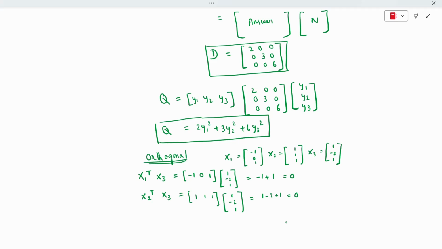So to check for orthogonality, this is the way: x1 transpose into x3 and x2 transpose into x3. If both give 0, the orthogonal condition is satisfied. After finding your eigenvectors, cross check, then proceed, and you will get the correct answer. This is the way you have to check your orthogonal transformation. So, completed. Thank you.